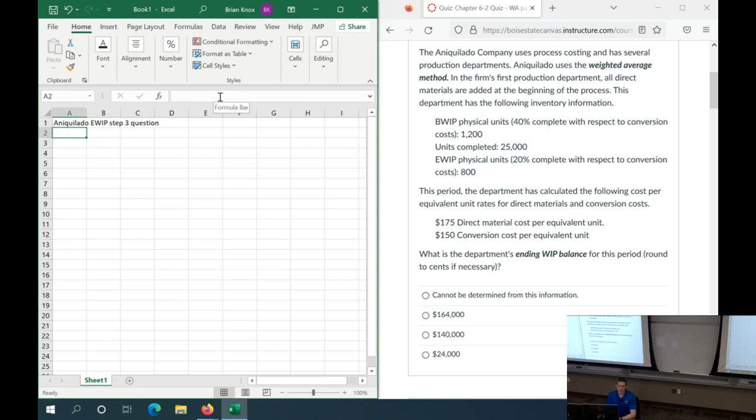What did we get as an answer here? A, B, C, D, E. Got B? Okay, good.